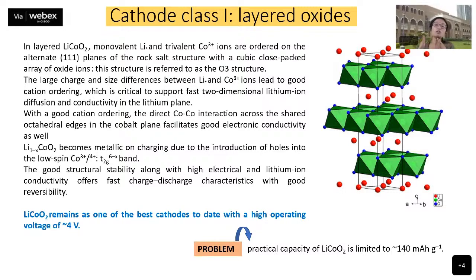The reason is that if you remove more lithium from lithium cobalt oxide, there is a phase change. It moves to the monoclinic phase, and whenever there is a phase change, the stability of the electrode material gets compromised, so the cyclability gets affected. That is the reason why the practical capacity of lithium cobalt oxide is limited to 140 milliampere hours per gram.